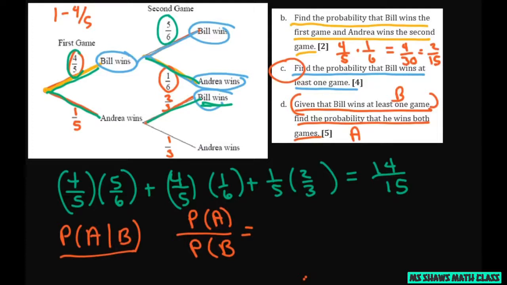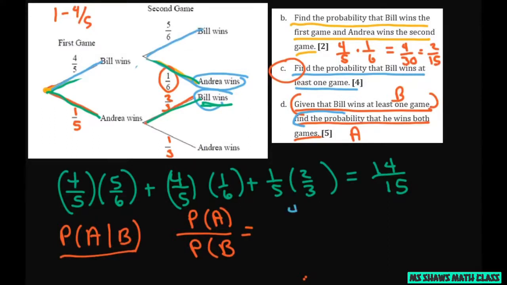So the probability of A, that's this second part here, the probability that he wins both games, is these. Since this is all written, that he wins both is here: 4/5, this branch, times this branch.